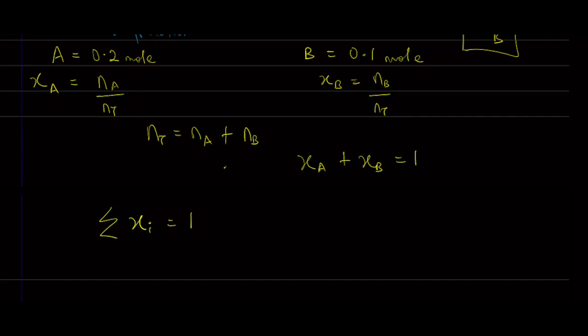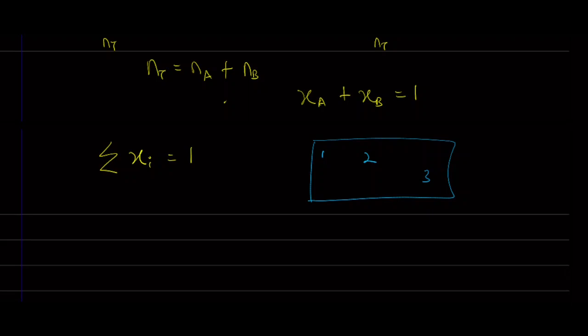That means if we have 3 components inside the containing vessel, components 1, 2, 3, this still holds: the mole fraction of the first component plus the second plus the third will give us 1. If we solve for the mole fractions and they don't add up to 1, that means something is wrong with the solution and you have to check from the start, or go back to scratch.